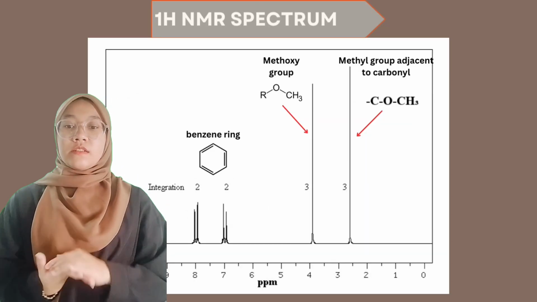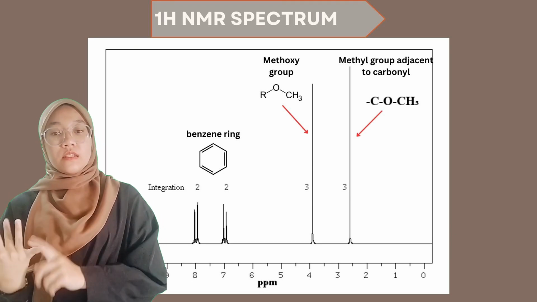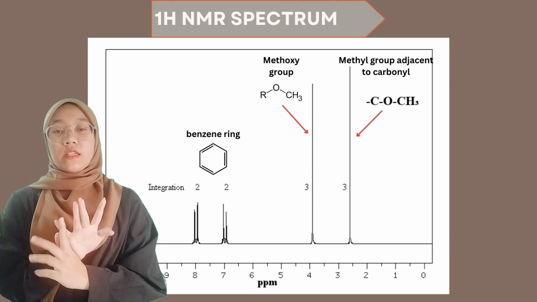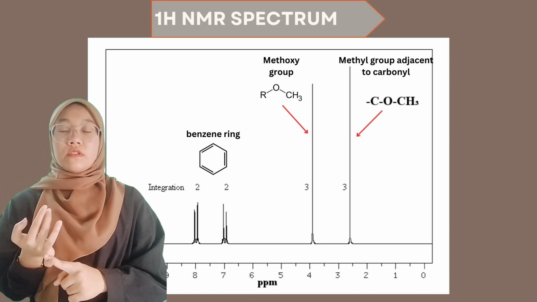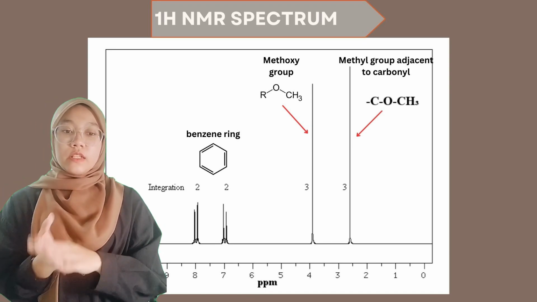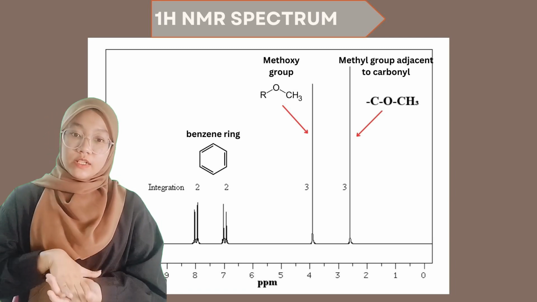Okay, for the proton NMR analysis, we can see that the aromatic protons typically appear as a multiplet in the 7 to 8 ppm region, indicating the presence of a benzene ring or similar aromatic structure.